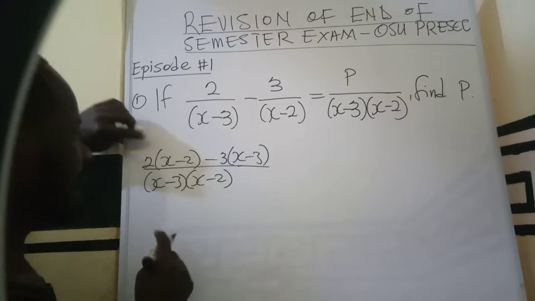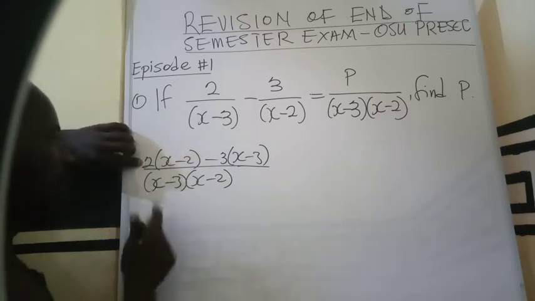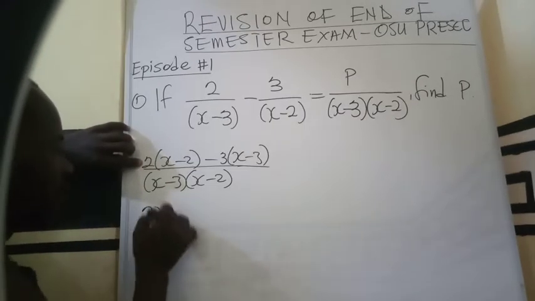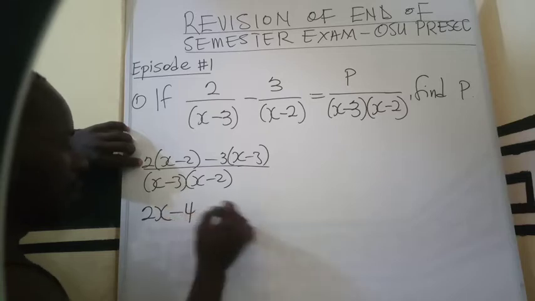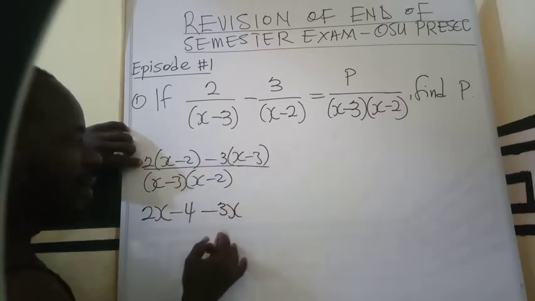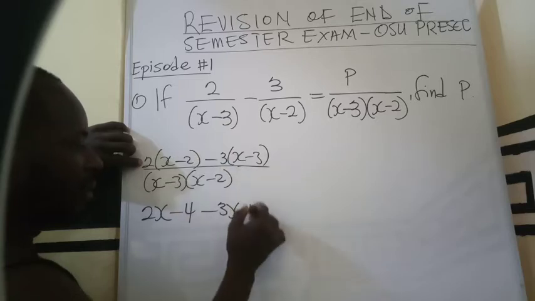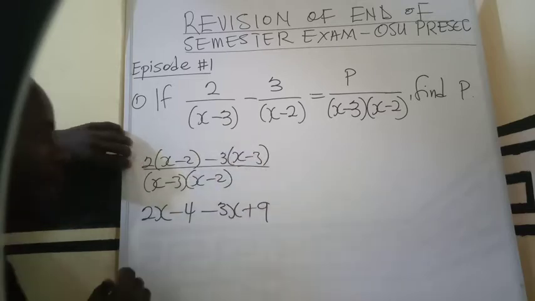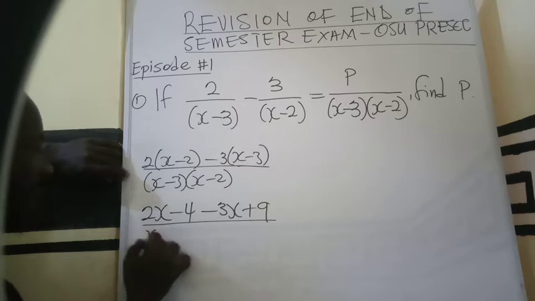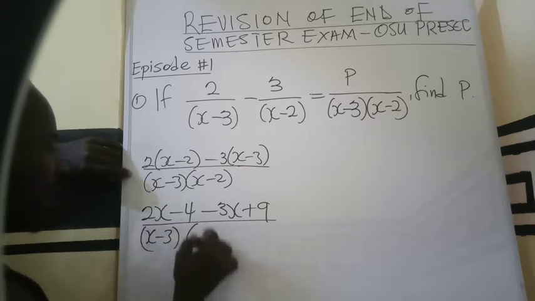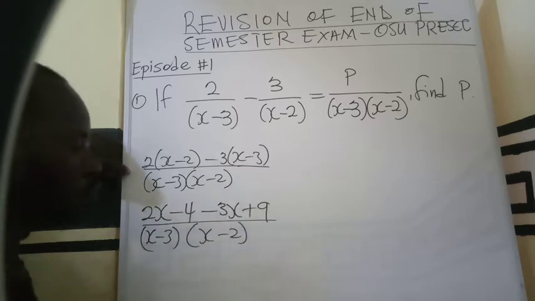So we expand the bracket. 2 will multiply x to give us 2x. 2 times the 2 will give us 4, minus 3 times x will give us 3x, minus 3 times minus 3 will give us 9 as positive. Still dividing our x minus 3, x minus 2.